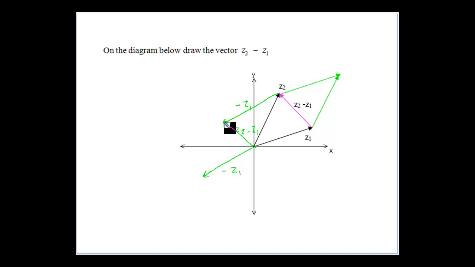So there's that fixed vector there, and now we take that one and shift it up. It's parallel and the same distance, so you can see that would be the diagonal of this parallelogram, but going in this direction. Because it was z2 minus z1, the two arrows meet at z2 there.